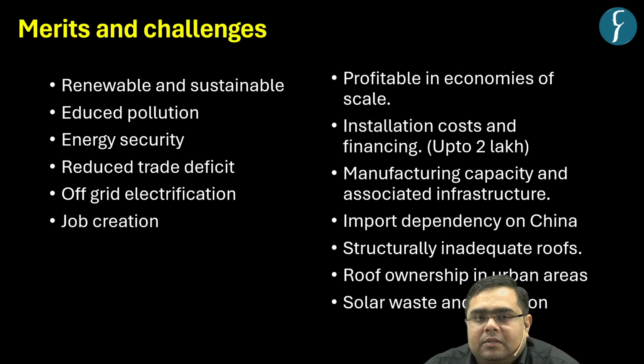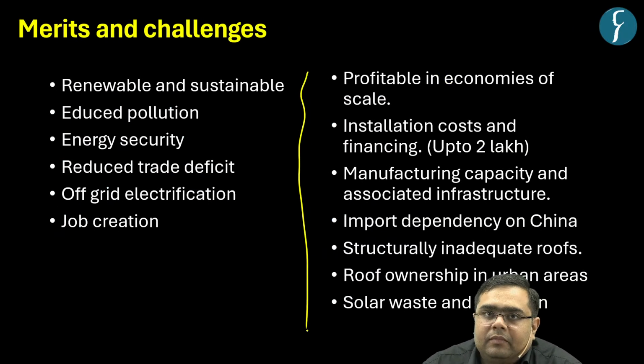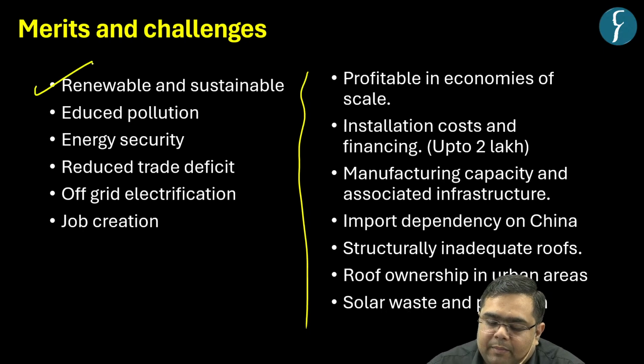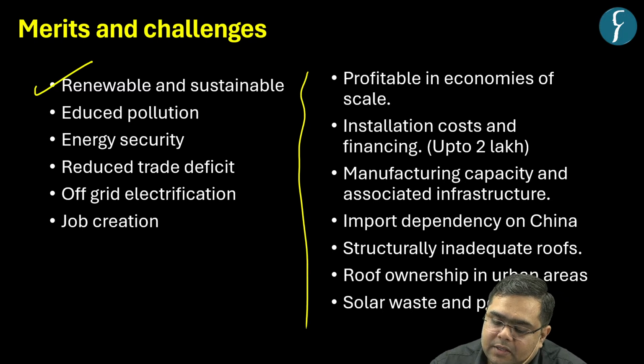Then let us discuss in this context the merits and the challenges with respect to this scheme. First, merits. The merit is that it is solar energy, renewable and sustainable in nature.